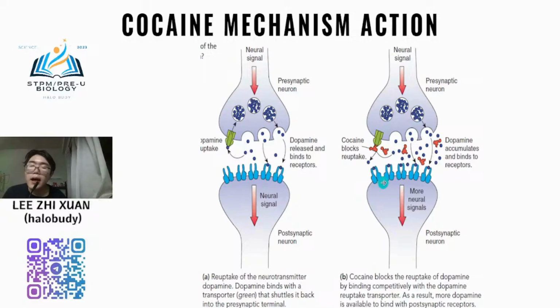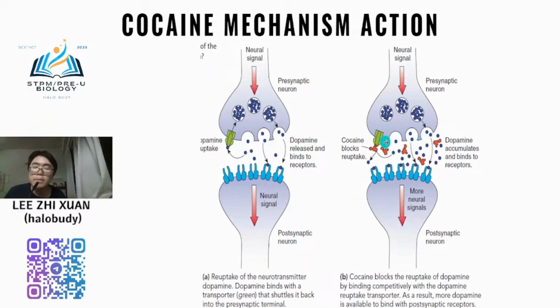Now, why does it cause addiction? Because your binding receptors on the postsynaptic neuron are already very few, so triggering an action potential in the postsynaptic neuron is very difficult now. In a normal situation, if you do not consume cocaine, maybe one neural signal will release only 5 dopamine.